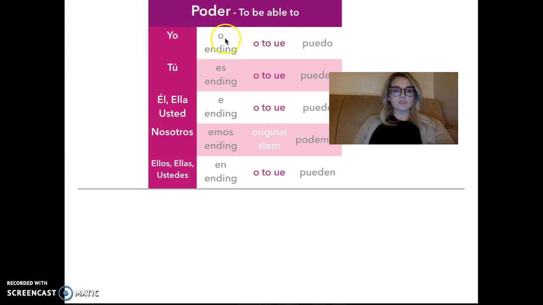So for yo, it's the regular O ending, and the O does change to UE for spelling, so that would leave us with puedo instead of podo if the O didn't change.